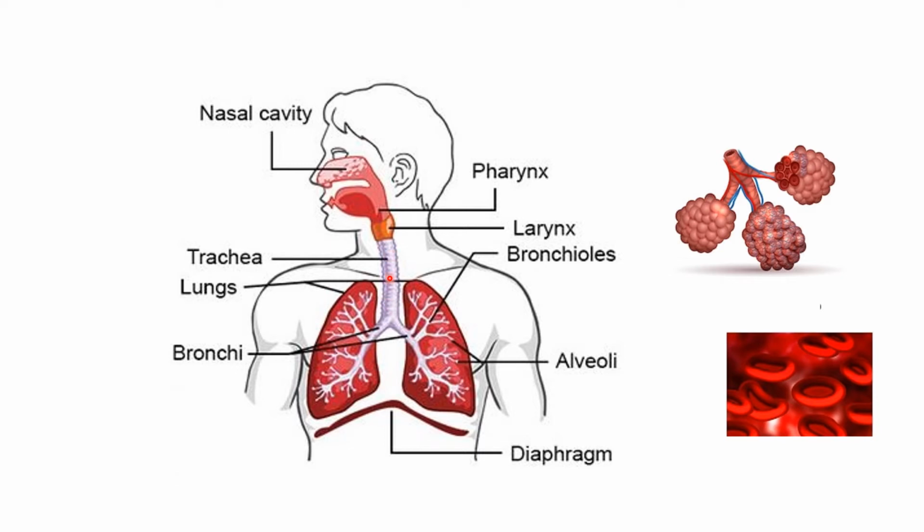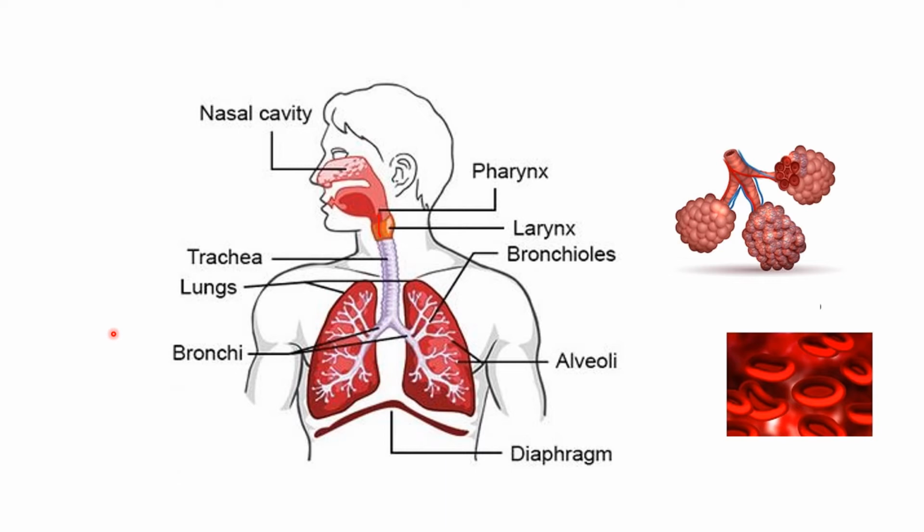for a person. So down the pharynx you can see this is a flap-like structure, and this flap-like structure is known as epiglottis. So this is the epiglottis, and it is also a very important part.